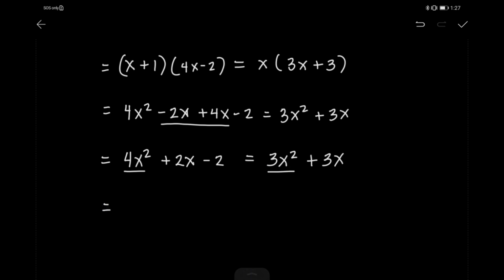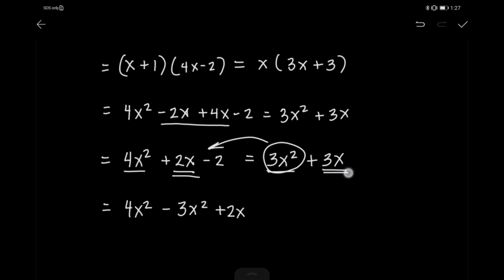Bring down the 4x squared, then transfer the 3x squared to the other side, so this becomes negative 3x squared. Bring down the positive 2x, and transfer the 3x to the other side, so this becomes negative 3x. Then the negative 2, which is equal to 0.